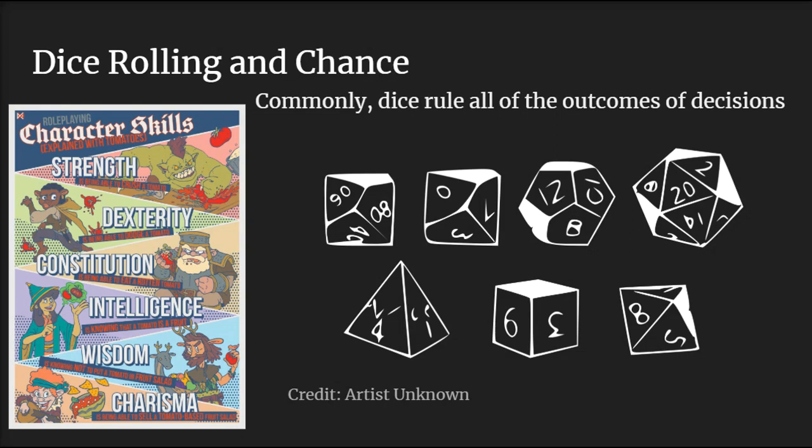The dice rolling and chance is created by both the player as well as the dungeon master or the game master. So, for example, in a storytelling setting, the game master might describe a scenario in which the players come across a shopkeeper with a letter of importance.